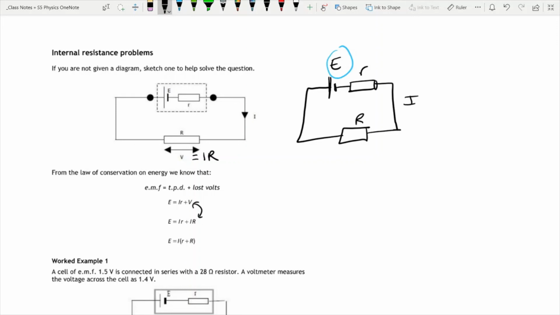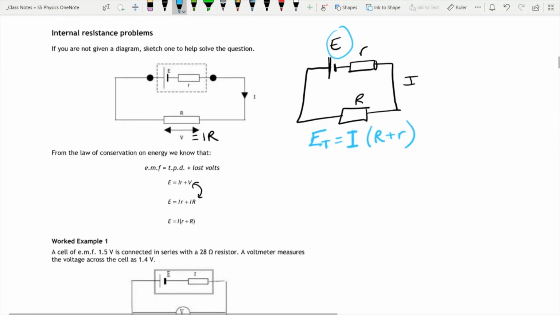V equals IR, so the EMF is the total current, which is the same at all points here, times the total resistance. And the total resistance in this circuit is capital R plus lowercase r. You could look at it in that way if you prefer. It's completely up to you. You just need to remember that there is internal resistance.